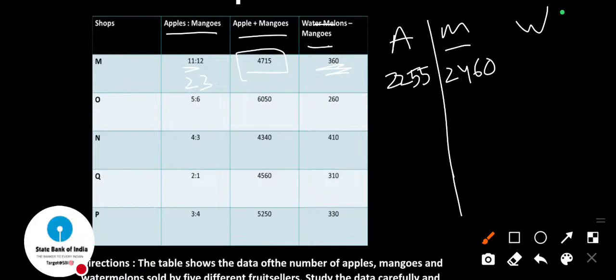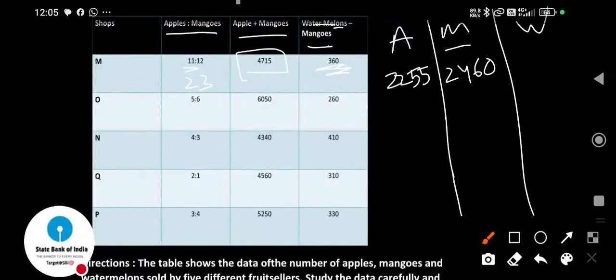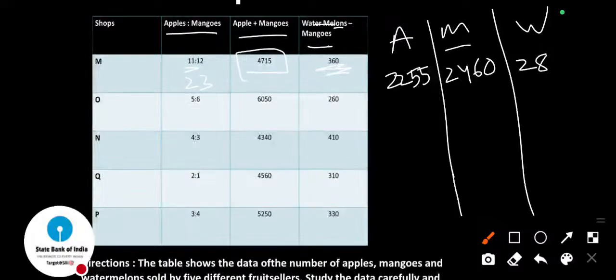So we got the mangoes value. Here watermelons minus mangoes is 360, which means if we add 360 to mangoes, we get the watermelons value. So 2460 plus 360 is 2820. So this is the first one.